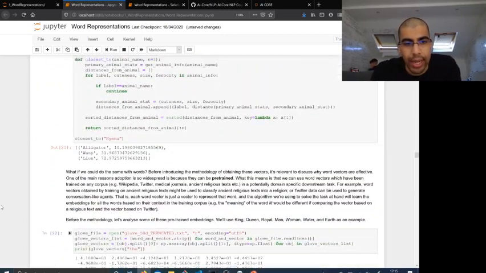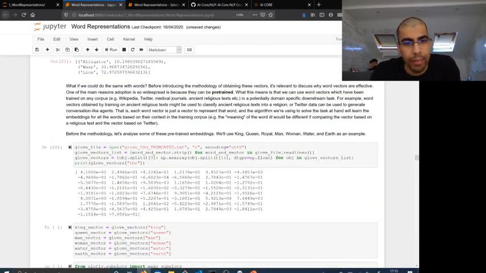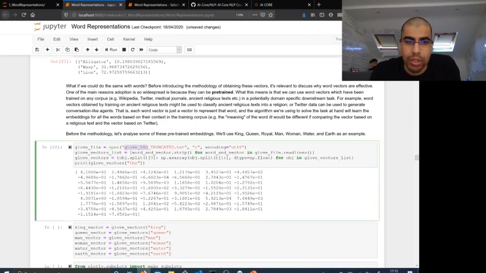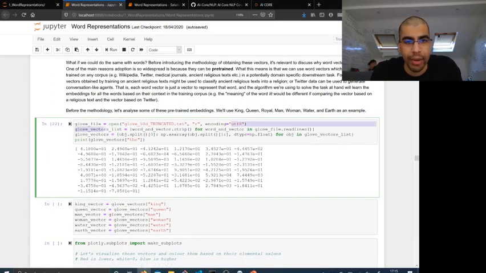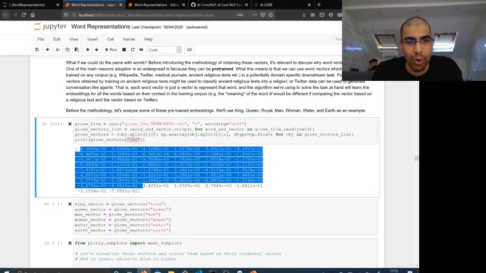What we're loading in here is a file which is 50 dimensions long, trained with a word embedding algorithm called GloVe. This is just a truncated file because the whole file is too big, and for our purposes this will serve fine. We're just going to create a dictionary where the key is the word and the value is the word vector.